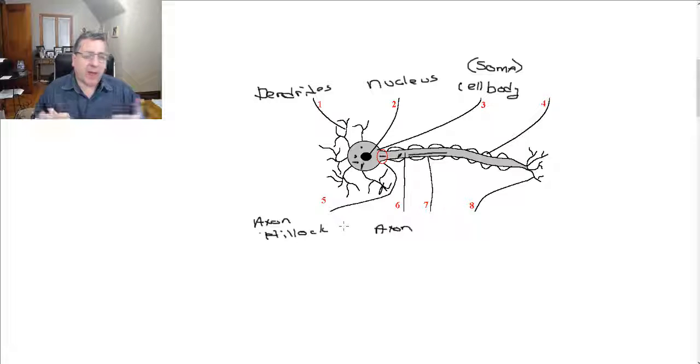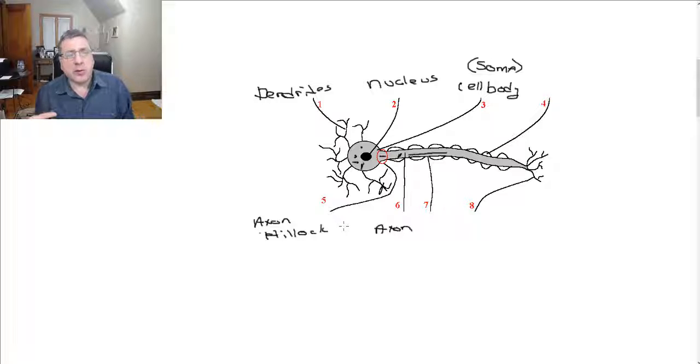Okay, so the axon comes off of this axon hillock, and the axon hillock is a triangular cone-shaped structure off of the cell body. Let's put the dendrite, cell body, axon hillock, and axon in a sequence. The dendrites receive input, so if I touch your skin, I'm stimulating the dendrites.